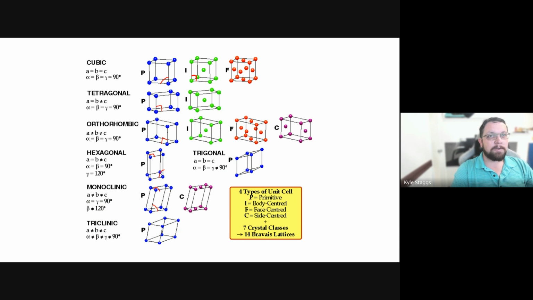So there's four types. There's the primitive, there's the I, which is body-centered. So even though these are body-centered, these are not body-centered cubic. These are orthorhombic or tetragonal. Face-centered is the F, and the C is side-centered.